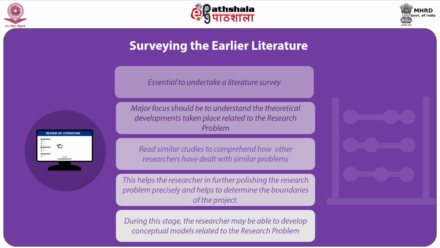One can also look into similar studies so as to comprehend how other researchers have dealt with similar problems, the settings where the problem was studied, and major findings. This would be very helpful to researchers in further polishing the research problem precisely, and in turn would be useful to determine the boundaries of the project at hand. At this stage, the researcher may be able to develop preliminary theoretical conceptual models related to the research problem.